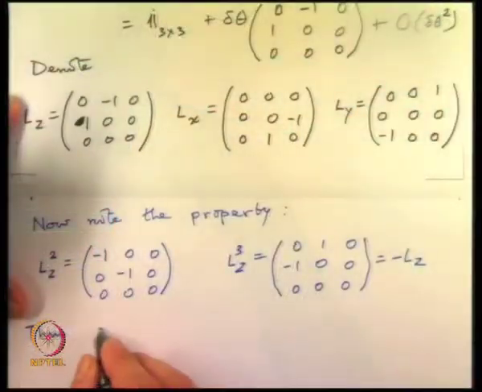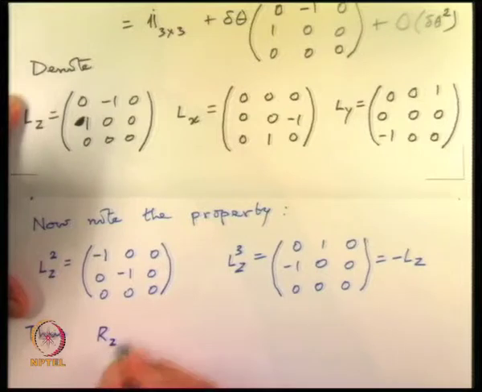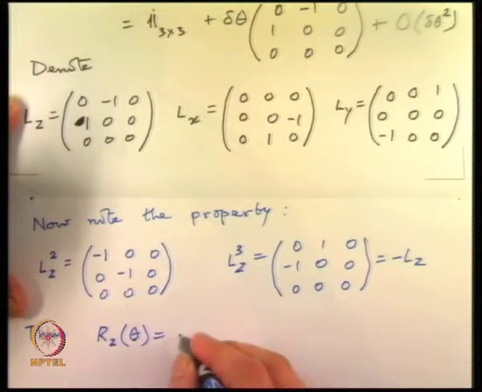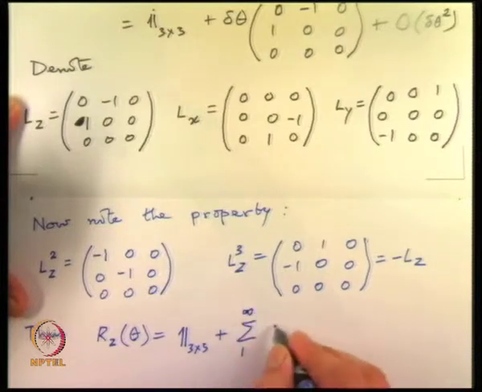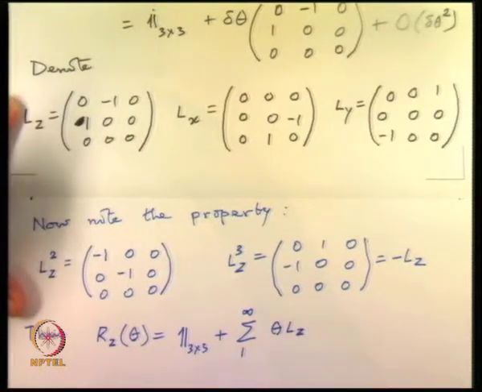So Rz theta is actually equal to 1 plus the sum over n of minus 1 to the n, theta times Lz to the n over n factorial.